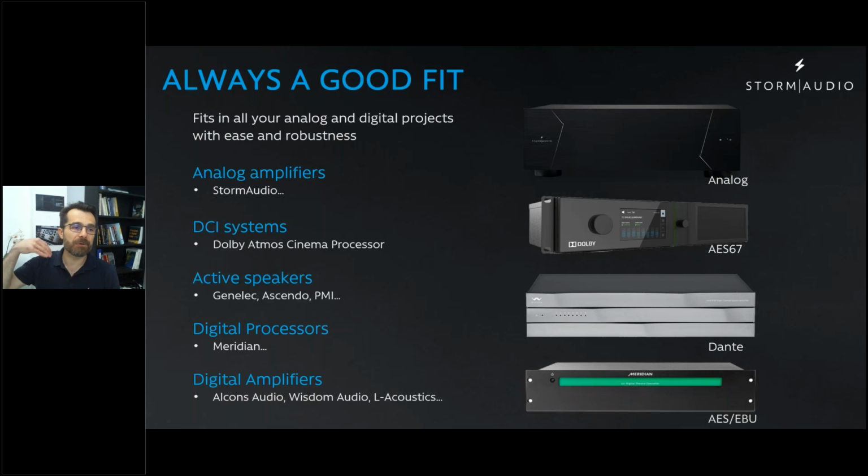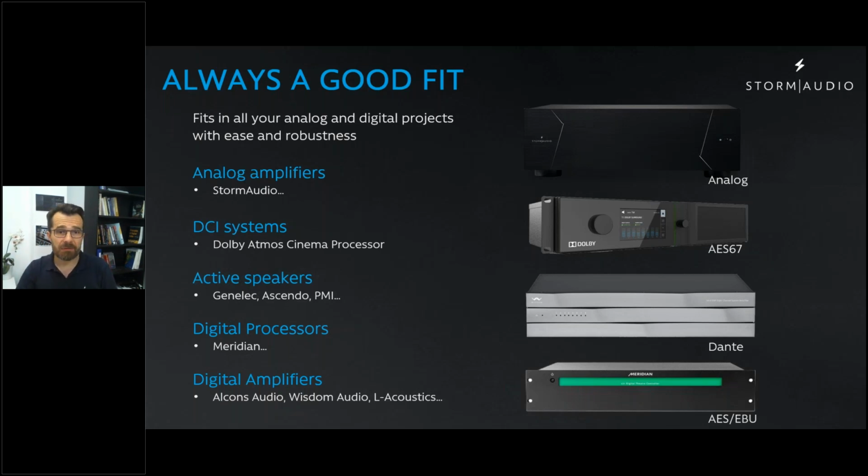So our products always fit your systems, as I described. Whether you go for an analog system, like the traditional way to drive your speakers and amplifiers, or you want to go into a more, not complicated, but a more advanced system where you need a digital interface, you will find the right products in our portfolio.